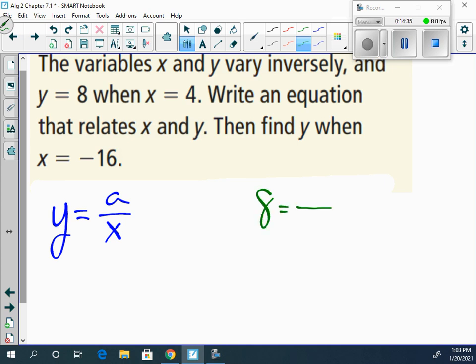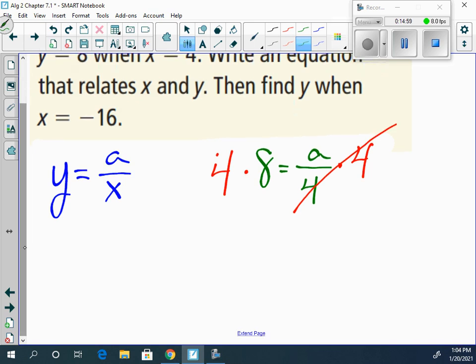8 equals a over 4. And to solve this here, we would multiply both sides by 4. Because the 4 and 4 would cancel, that should give us a by itself.